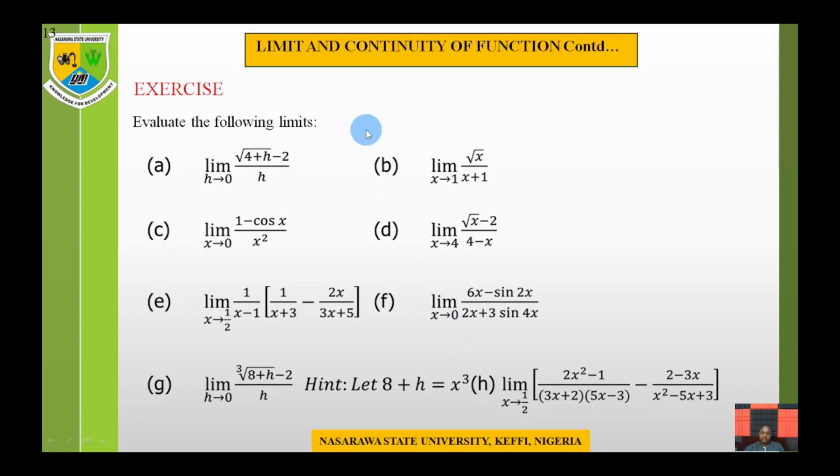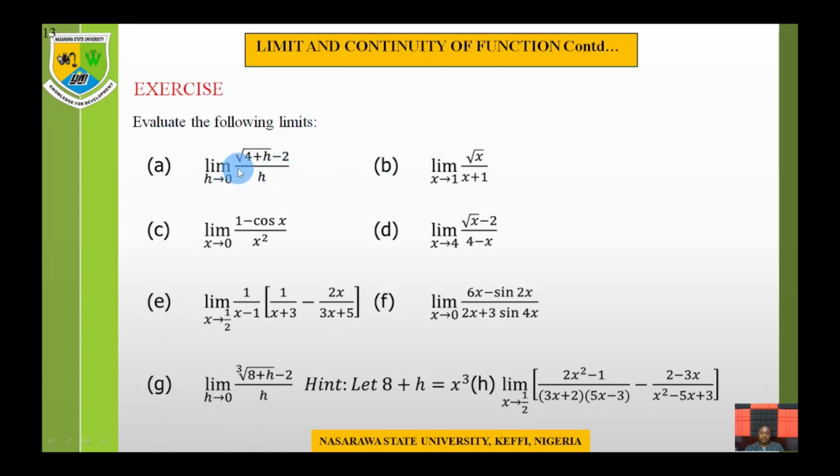So the next thing is limit and continuity of function, and the exercises under this are given for students to try and find whether the limits exist, and you try to find them. So this exercise says evaluate the following limits.